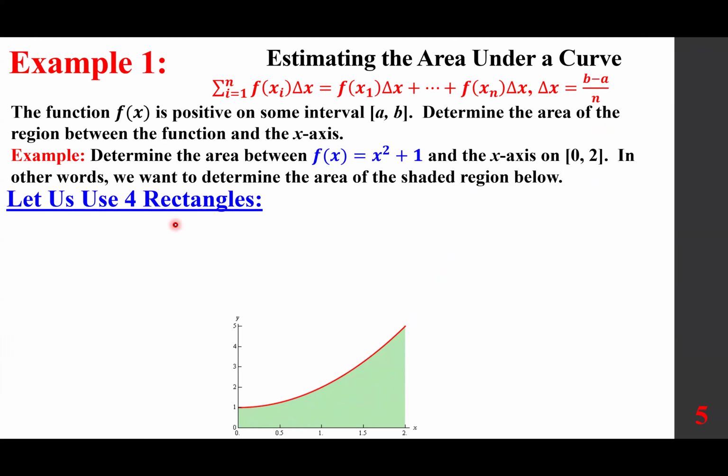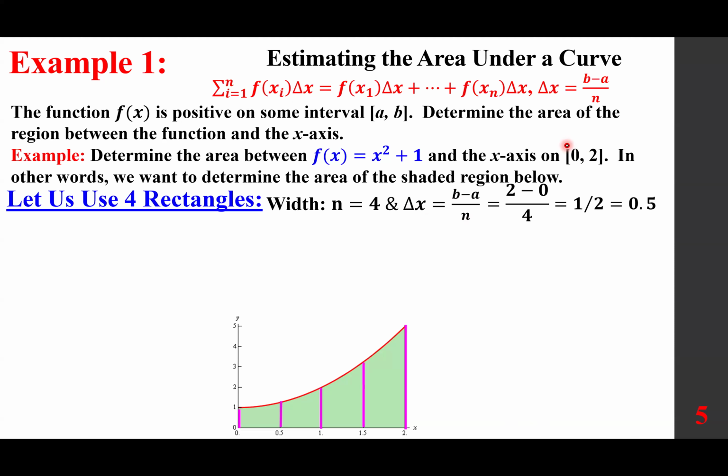So how do we calculate the width when n is 4? Delta x is (b minus a) over n, so it's (2 minus 0) over 4, or 1/2, or 0.5. So 0 to 0.5, 0.5 to 1, 1 to 1.5, 1.5 to 2.